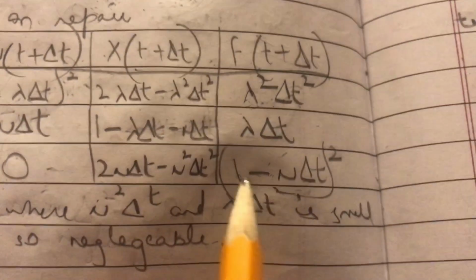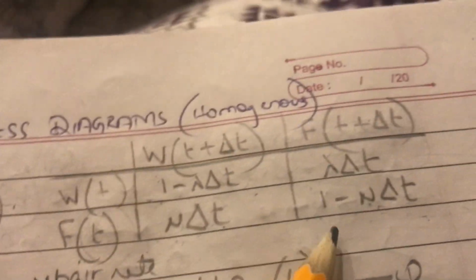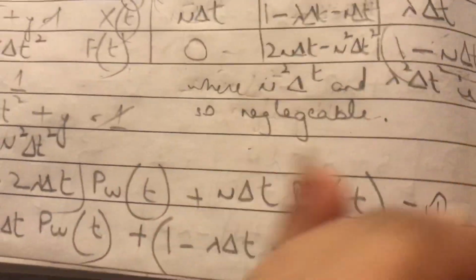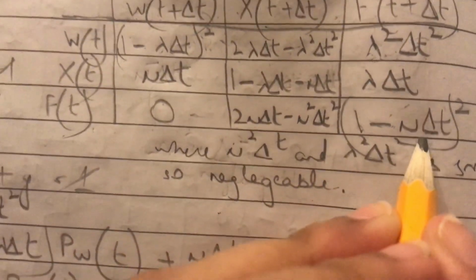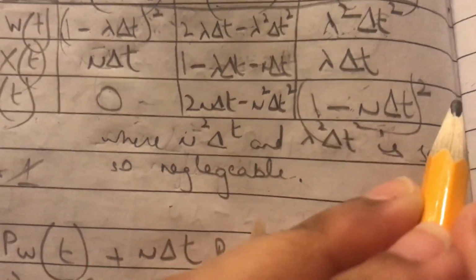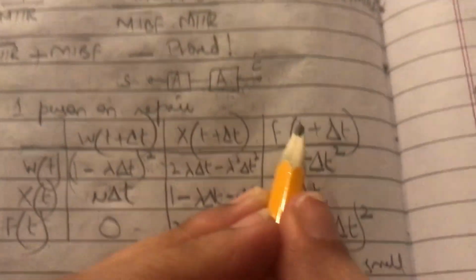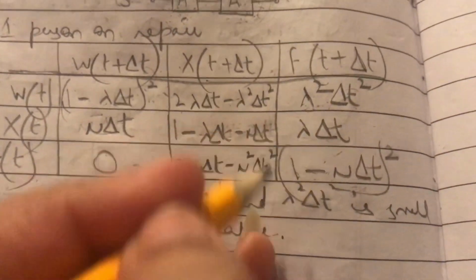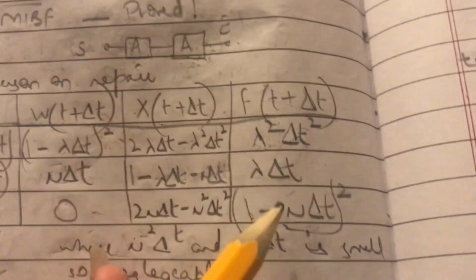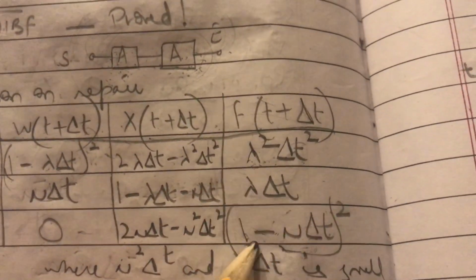See, 1 minus mu delta t, the same as was here. So it's in the failed state, completely failed and it cannot be repaired, so 1 minus mu delta t. This becomes the failed state, and whole square because we are talking about the two components, so that's why we wrote it like this.